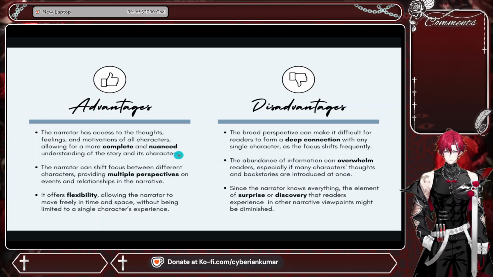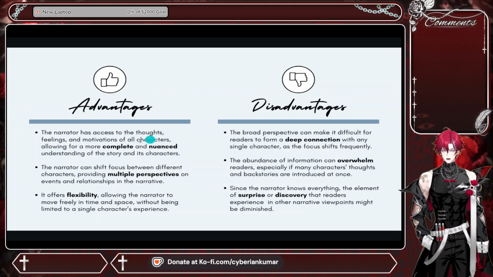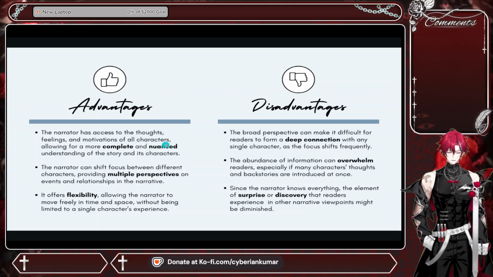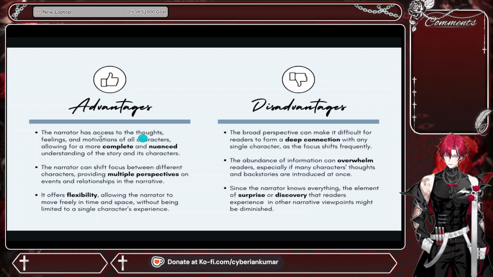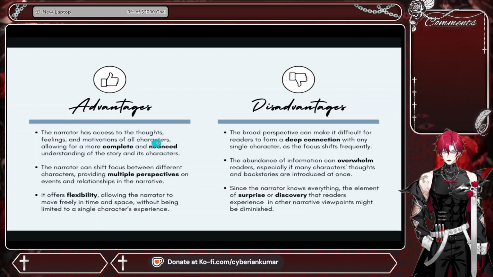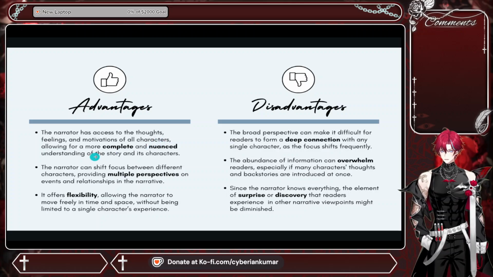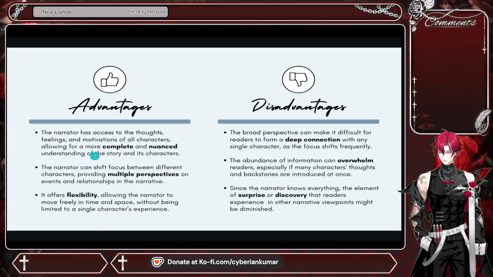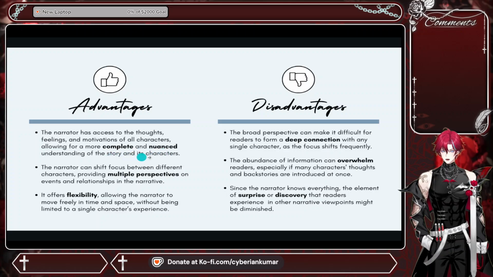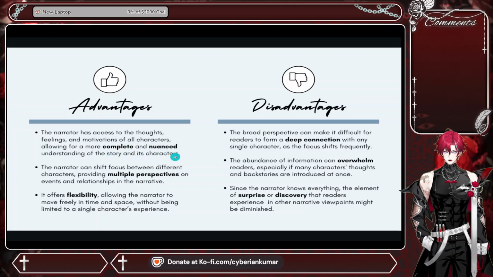So let's look at the advantages and the disadvantages here. The advantage is that you have access to the thoughts, feelings, and motivations of all the characters and all the events happening in the story, and whatever time you want to look into. So it allows for a complete and nuanced understanding of the story and characters.